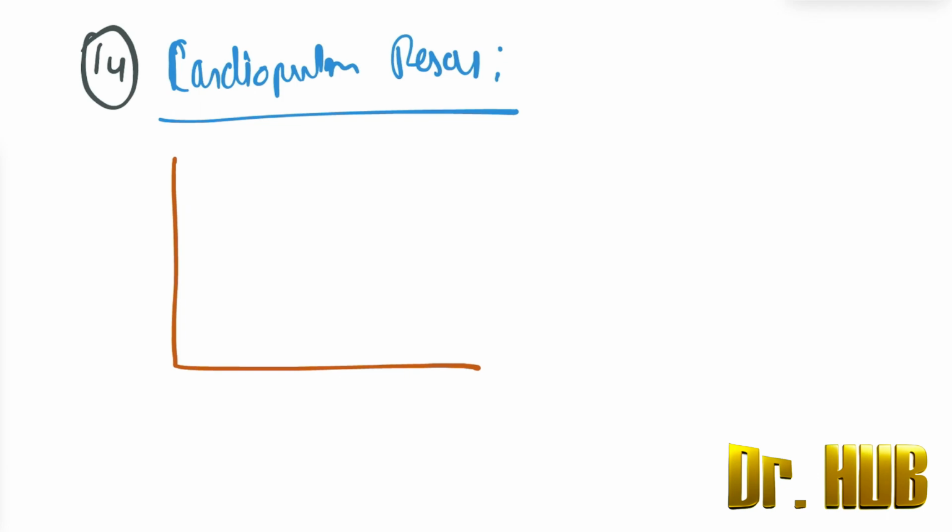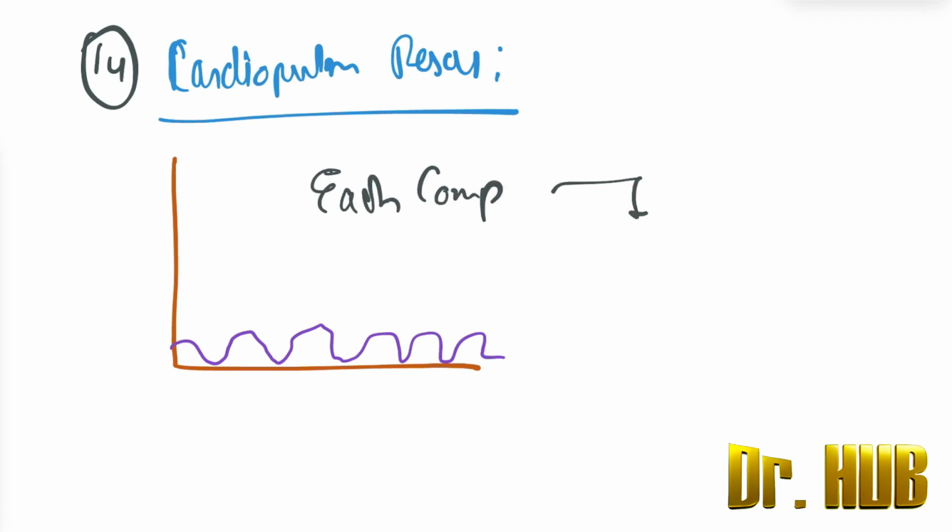How does the graph look? The graph is very much towards the baseline. There are some irregular peaks and downfall. So this is cardiopulmonary resuscitation. Here the capnograph shows a positive waveform during each compression.